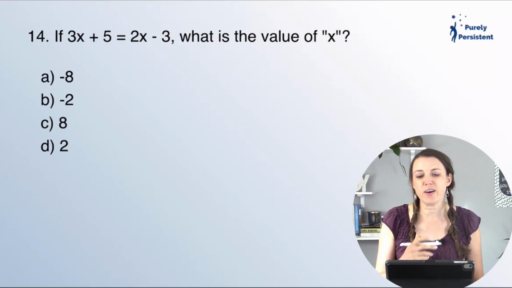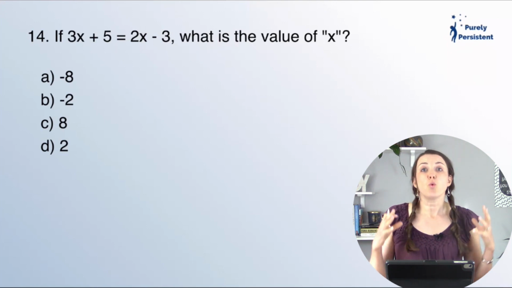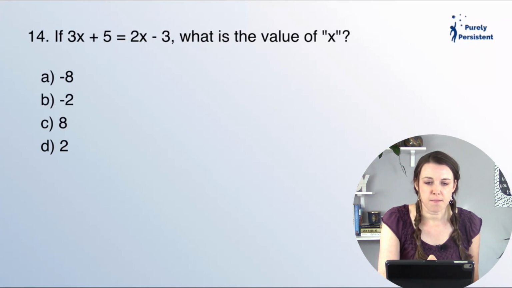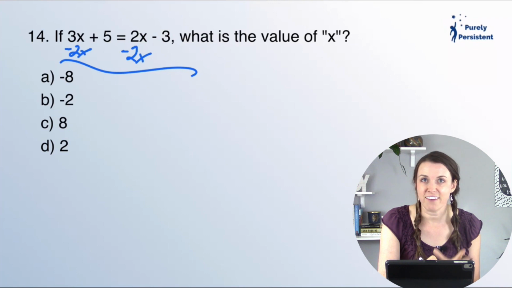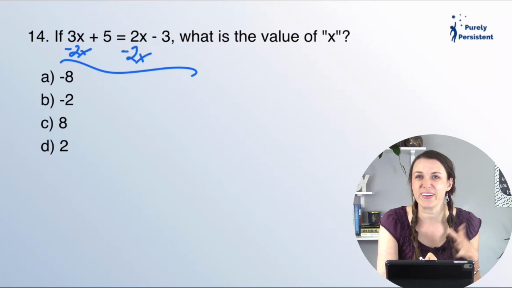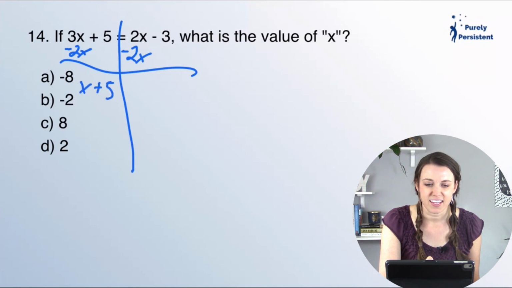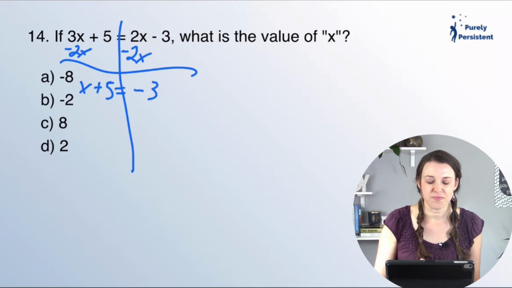If the equation holds, what is the value of x? So again, we're just solving here for x. So I am going to subtract 2x from both sides. I always like to try to not have a negative x if possible, and then it just means less work for me later. So I have here 3x minus 2x is just going to be x plus 5 equals negative 3.